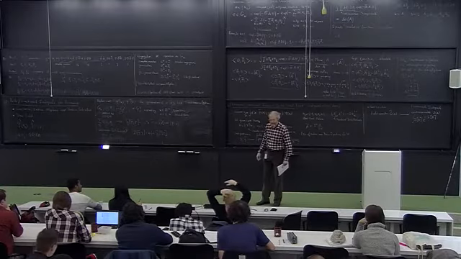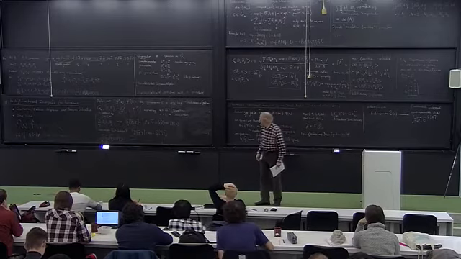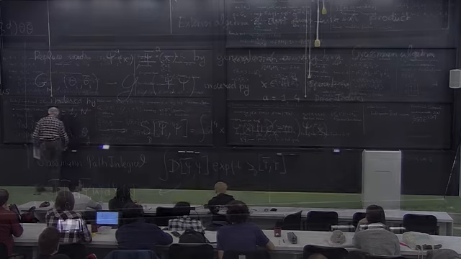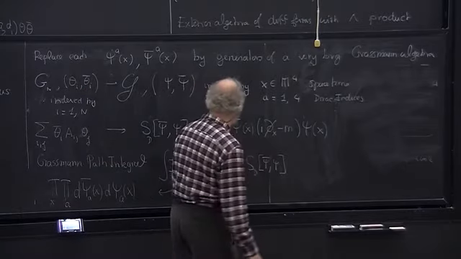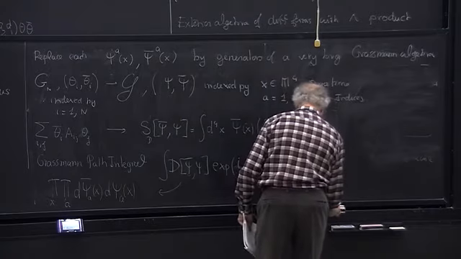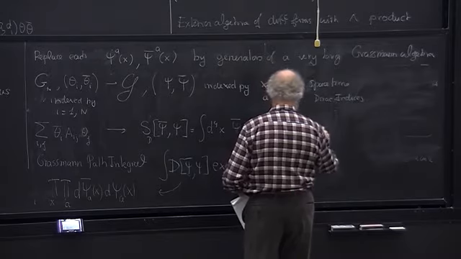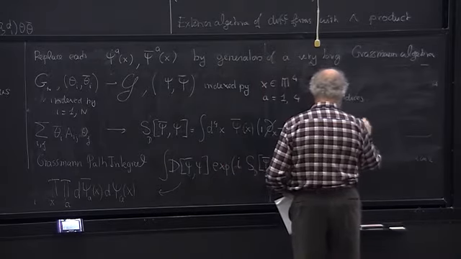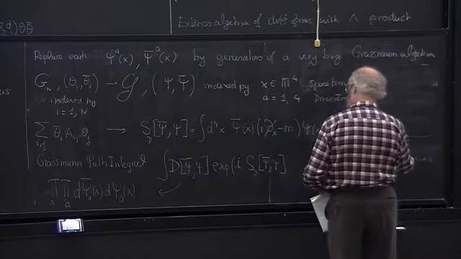Yes? Why are we ignoring the fact that there are two sums on the left and only one integral on the right? Oh, that's because, as usual, this is a kernel of an operator. So, if you prefer, you can rewrite this as the integral d^4x, integral d^4y, psi bar of x.